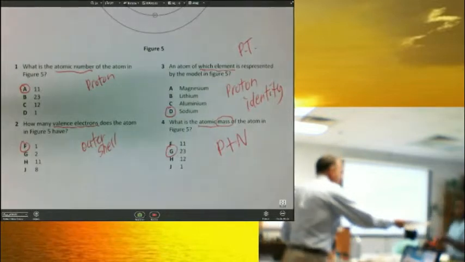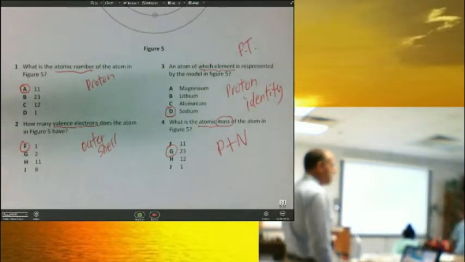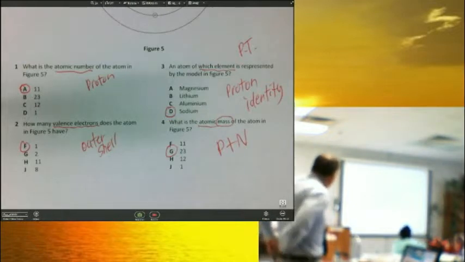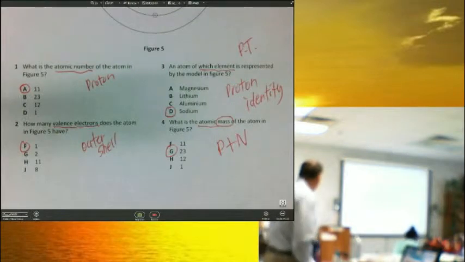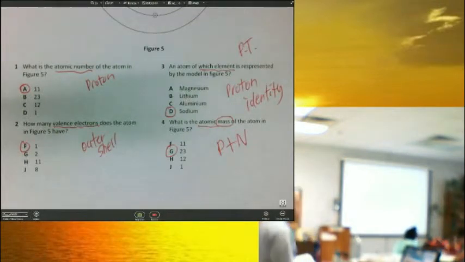Questions about the front? What does the P plus N mean on number 4? Very good. Okay, on the back, this is where everybody messed up.